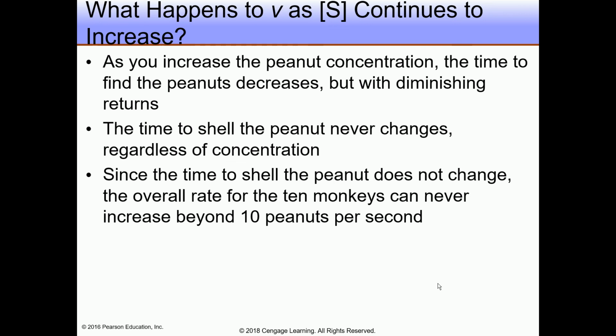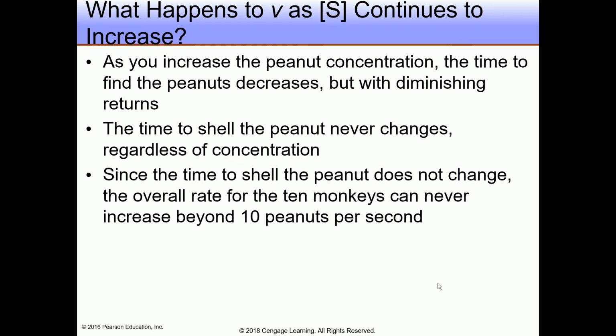But in the last case also, the monkey still needs to spend 1 second in shelling the peanut, which means that we cannot reduce that 1 second. So the overall rate of shelling will be 10 now, right? So by increasing the substrate concentration, we have increased the rate from 1 to 2.5 to 10.